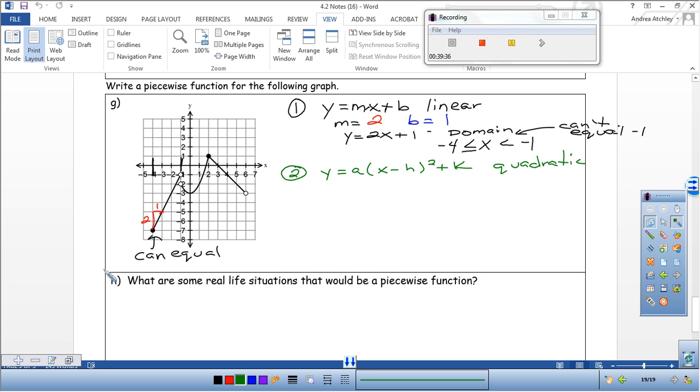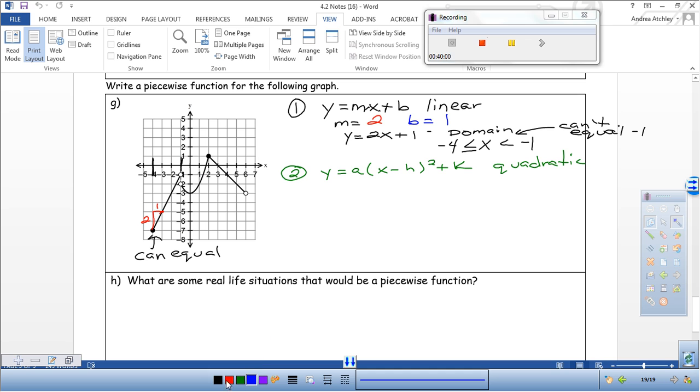Can someone raise their hand and tell me how I know this is quadratic? Yes, Marissa? Yeah, it's a parabola and not a line. Parabolas are quadratic. They have a squared. Okay, just so you know.